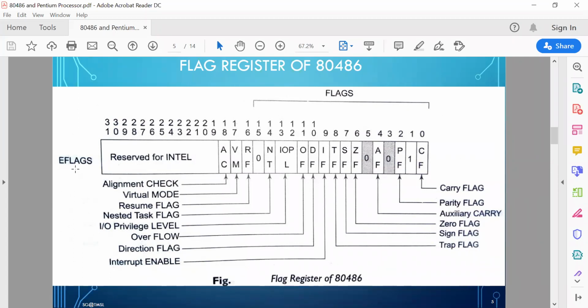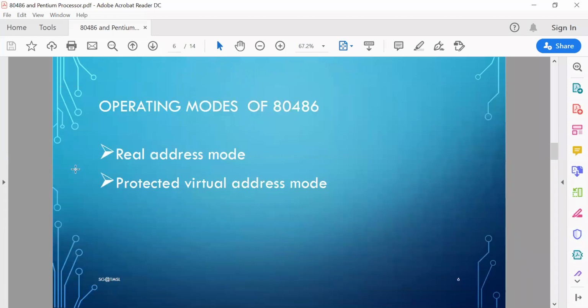After 80286, like in 80386, 486, 586, these registers are called extended registers or extended flag, like extended code segment, ECS or EDS, or this type. For every register, one E has to be prefixed to the register name. That means it is an extended version from the previous one. So that is the flag register concept.